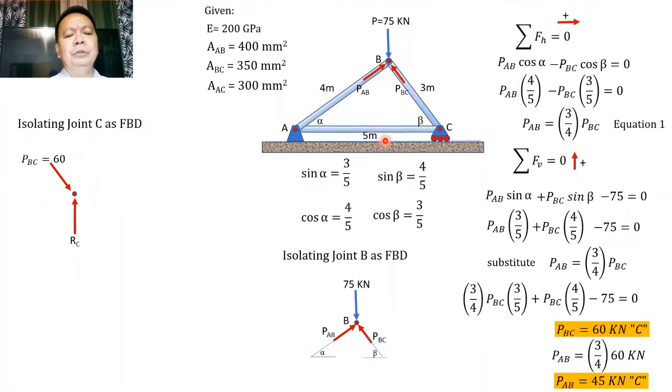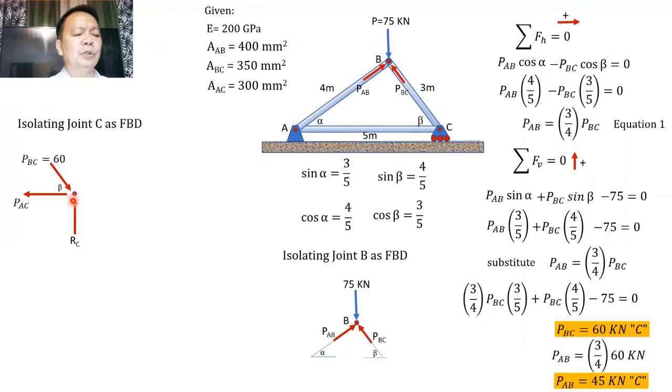And due to this horizontal member AC, there will be a force acting here, in the direction opposite the horizontal component of BC, and the value is equal to P of AC. This makes an angle of beta, as P of BC is also making an angle of beta with respect to the horizontal.